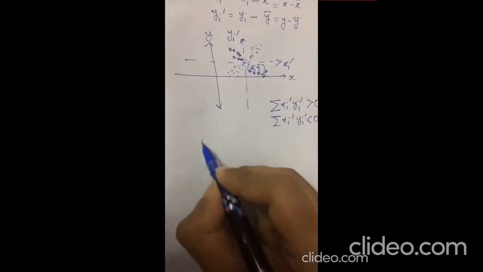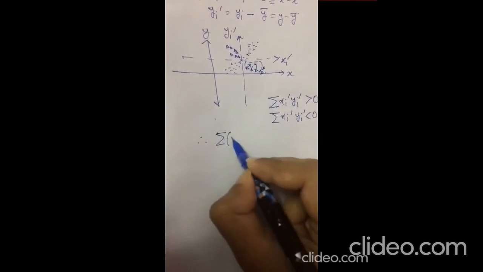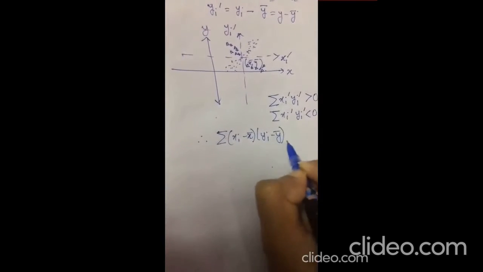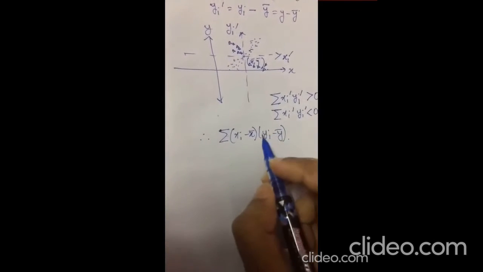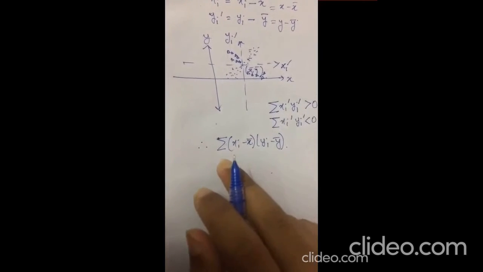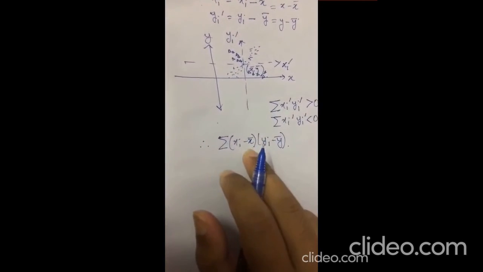So now we could have said that the coefficient would have been the summation of xi prime yi prime, but this has some drawbacks. The first drawback is that because of the units we cannot choose this as the coefficient, and the second is the case of variability.